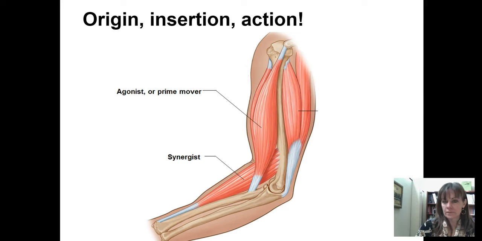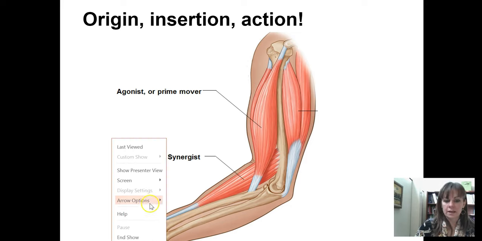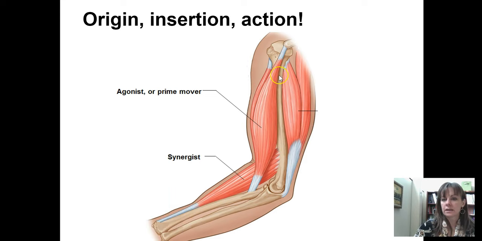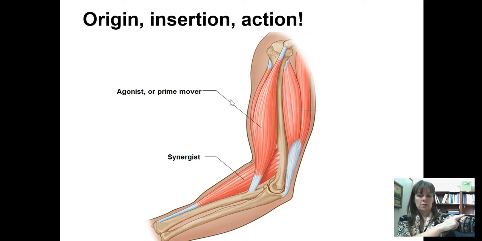Now let's look at this. If this muscle gets shorter, the bone moves up. We get flexion. But let's instead look at this muscle on the back side of the arm. This one is on the anterior side, and this muscle back here is on the posterior side.